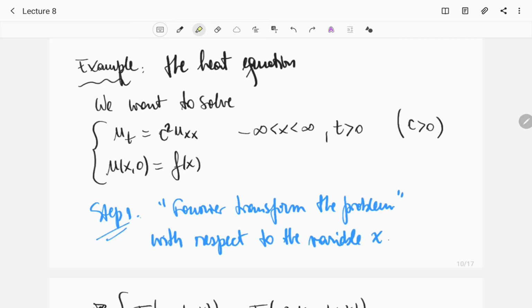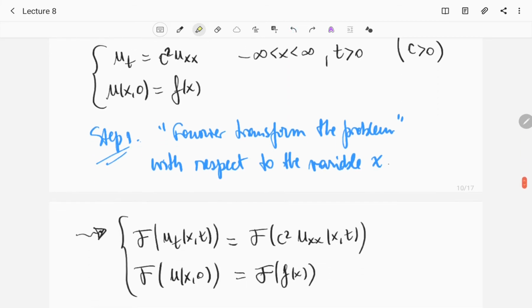Okay, again, assume that f and all the functions u, where the variable is x, and t for every t, have a Fourier transform.